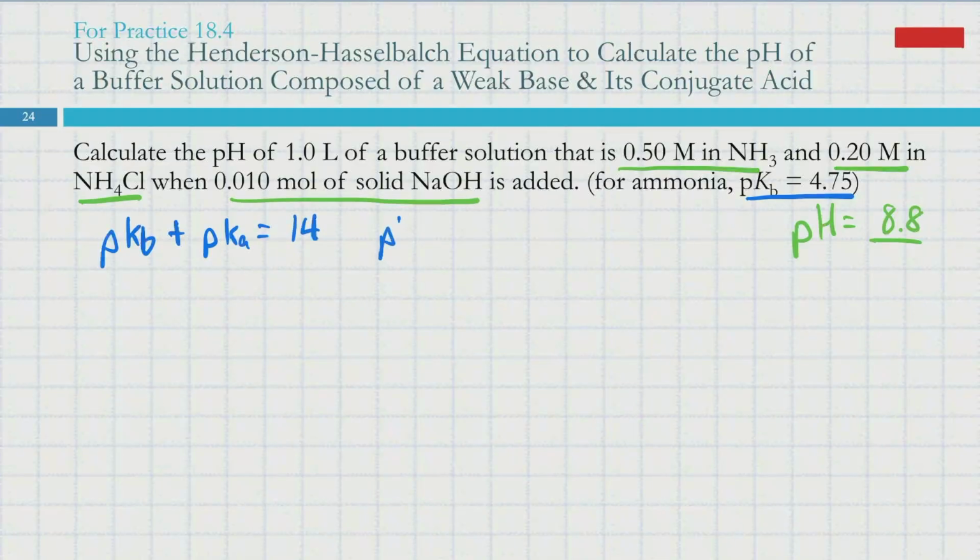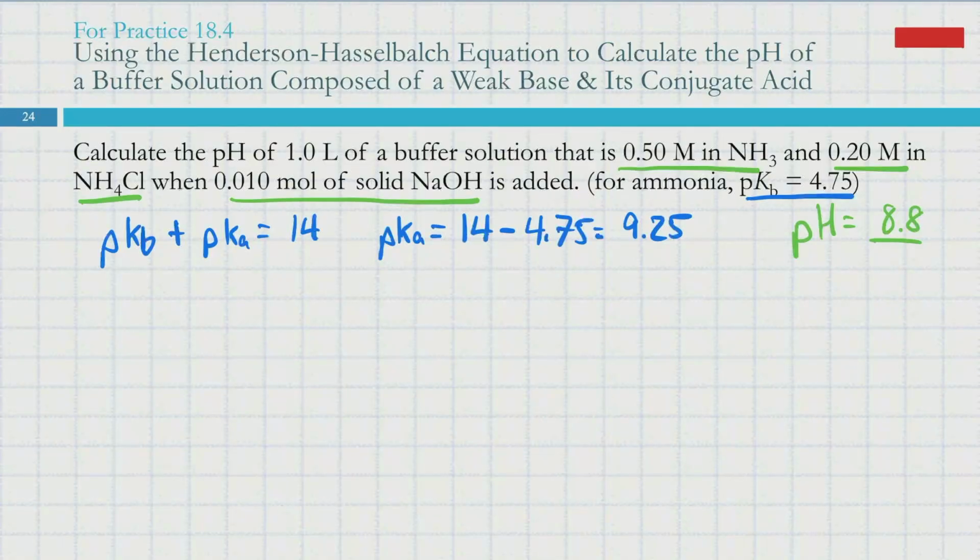So our pKa is 14 minus 4.75, which was, I don't trust my brain today, 9.25. So our pKa is 9.25, and we can start the problem.